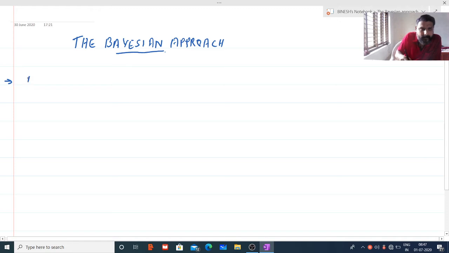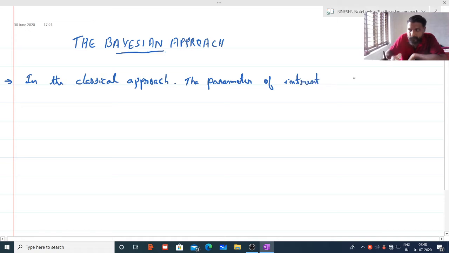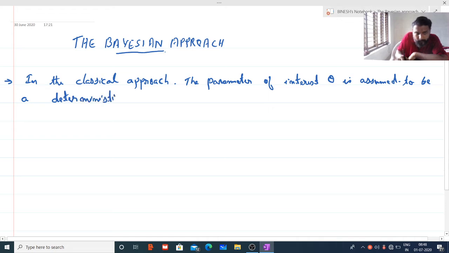The first point: in the classical approach, the parameter of interest, theta, is assumed to be a deterministic but unknown constant.